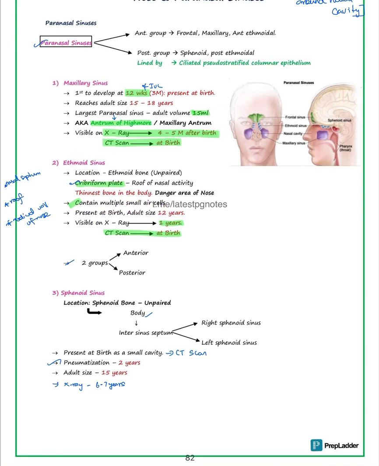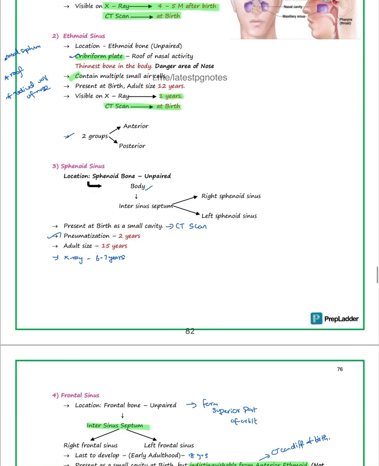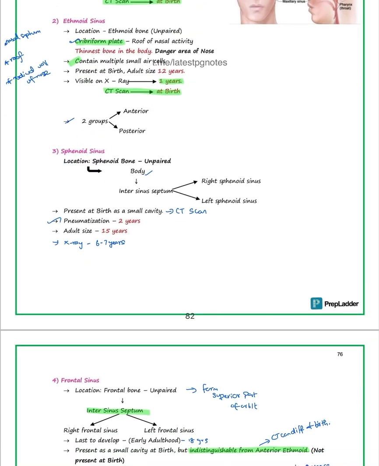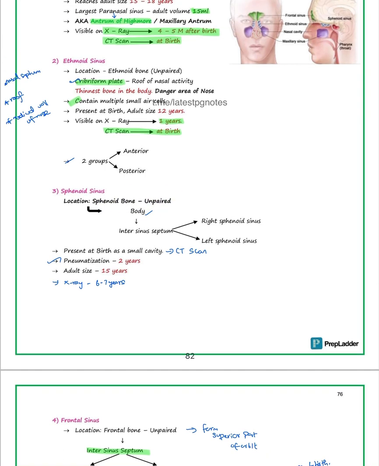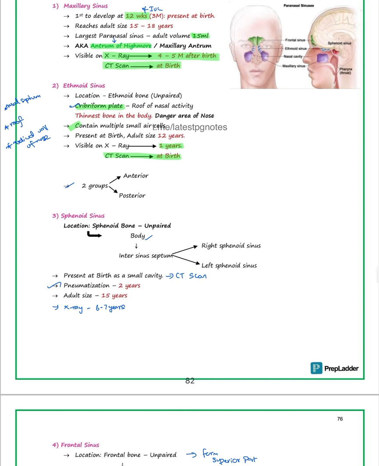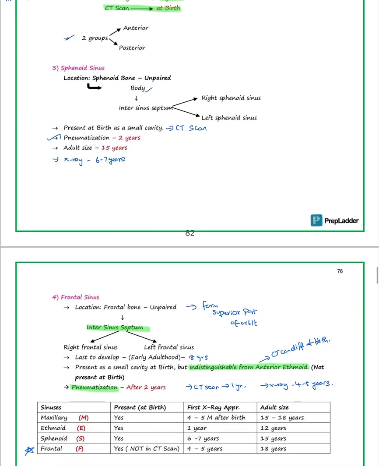It is also present at birth, and the adult size is reached at 12 years. Then the sphenoid sinus is located in the sphenoid bone, which is an unpaired bone, whereas other bones like the maxillary are paired. The ethmoid bone is also an unpaired bone. At birth it is a small cavity which can be seen on CT scan.